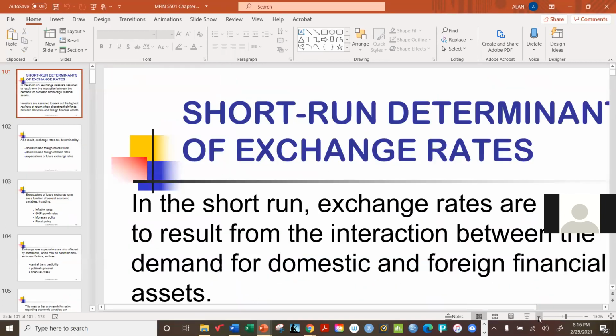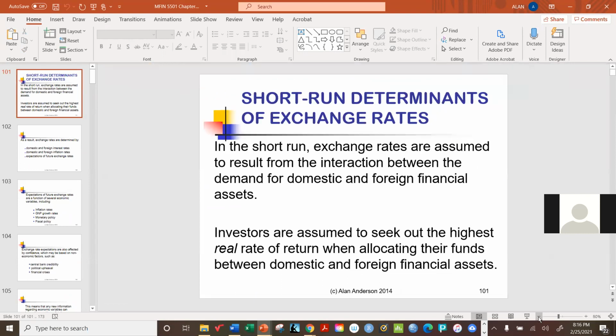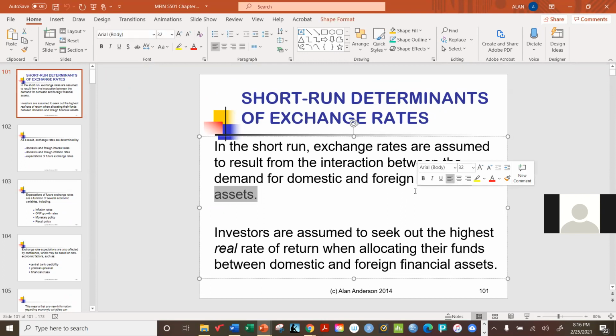Okay. So anyway, the logic here is that in the short run, exchange rates are assumed to result from the interaction between the demand and supply, not for foreign goods and services and domestic goods and services, but for financial assets. By the way, later on, we'll see in the book that for the long run, we're going to assume the opposite.